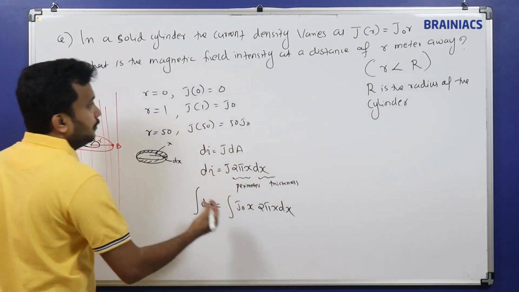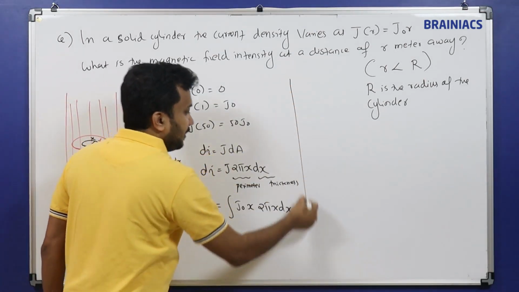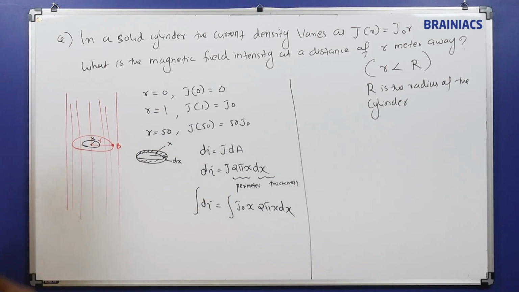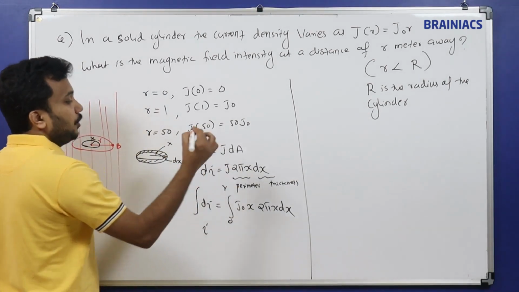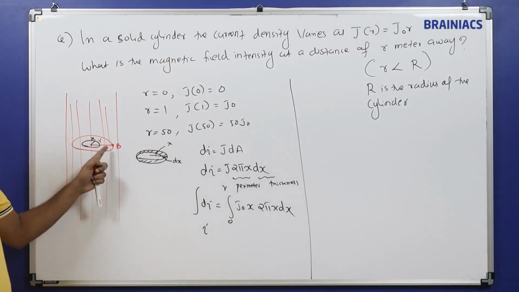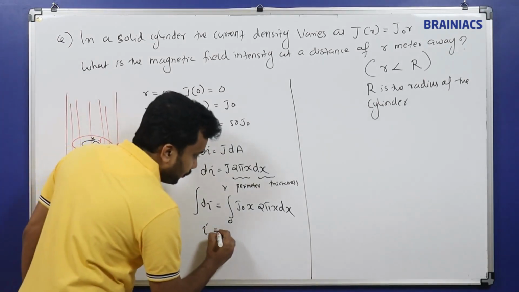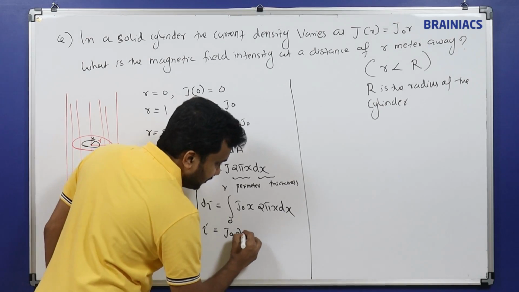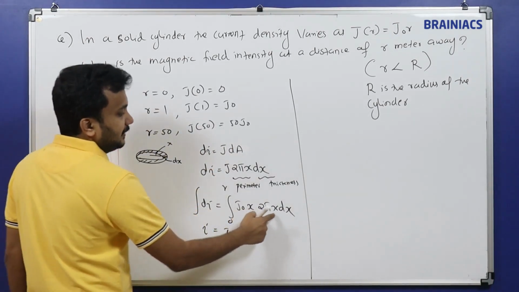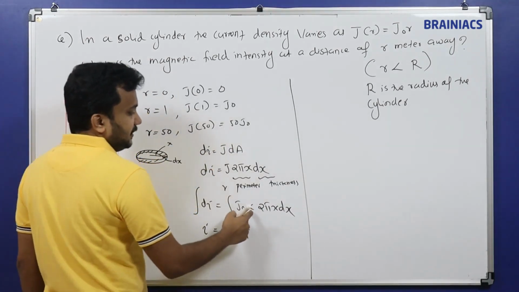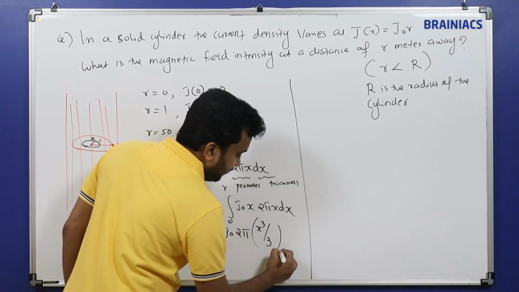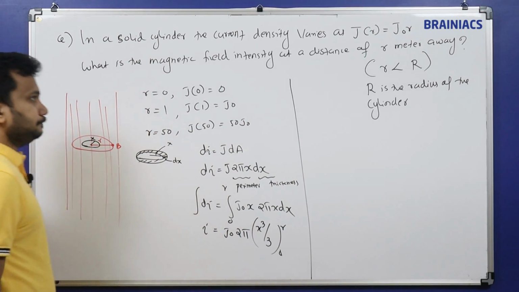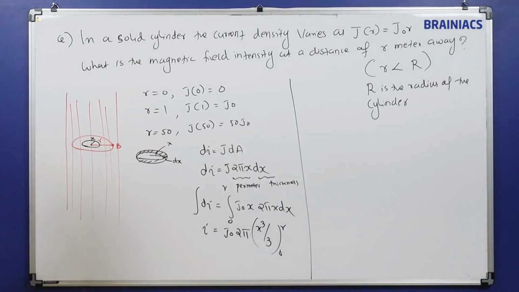Now we are integrating both sides. So what will we get once we integrate both sides? Integral dI will be equal to I. What is the limit? 0 to r, we need to go from 0 to r distance. So I is equal to J naught constant, 2 pi constant, x square integral, x cube by 3, integration limit 0 to r.